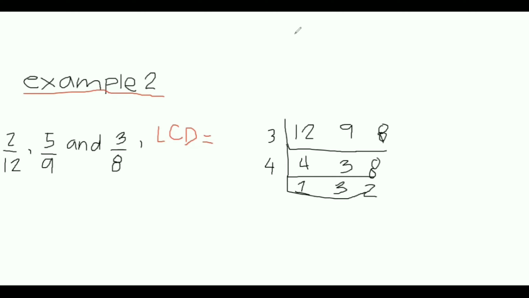And then, kagaya ng ginawa natin kanina, bibilugan lang natin itong mga naging factors natin at yung natira sa ilalim. At ipagmumultiply natin para makuha natin yung LCD. Ayan. So, that's 3 times 4 times 1 times 3 again and times 2.